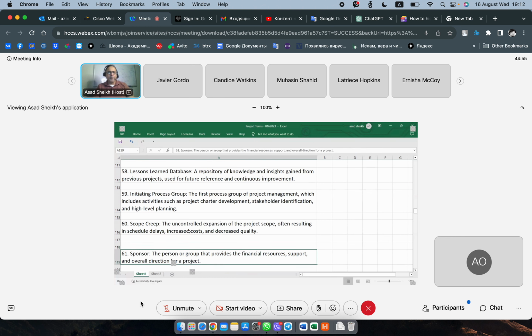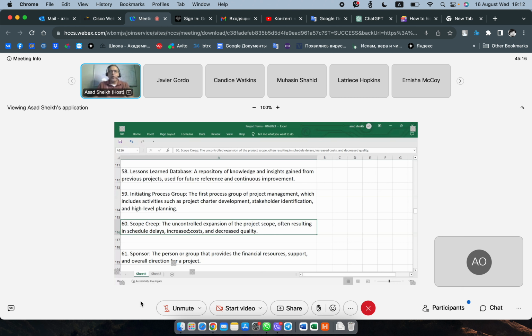All right, scope creep. Scope creep is going to come up when we do the chapter on scope. Creep means your scope is overflowing. You had baselined it, and now you want to add something new, a new feature, for example. So when you add more to it, you're creeping the scope.